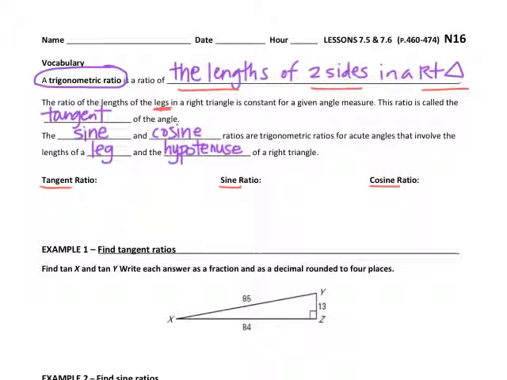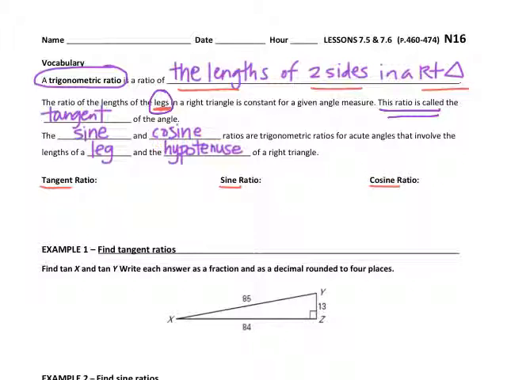Every right triangle has two legs, and then of course it has the hypotenuse, the longest side or the side opposite from the right angle. So this ratio is called the tangent of the angle. The tangent of the angle is basically just a fraction that we create out of the lengths of the legs in the right triangle.